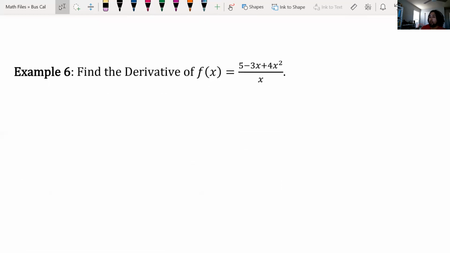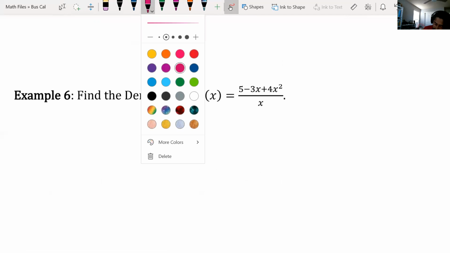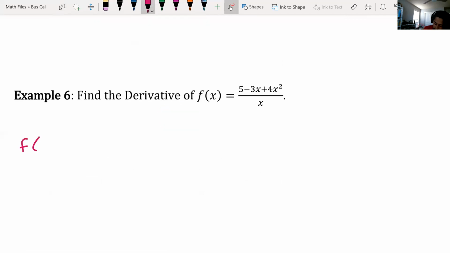Example 6. Find the derivative of this function, and we're going to treat it the same way as the last one. How many terms are in the numerator? 3, which means how many fractions can I split it into? 3. Good.